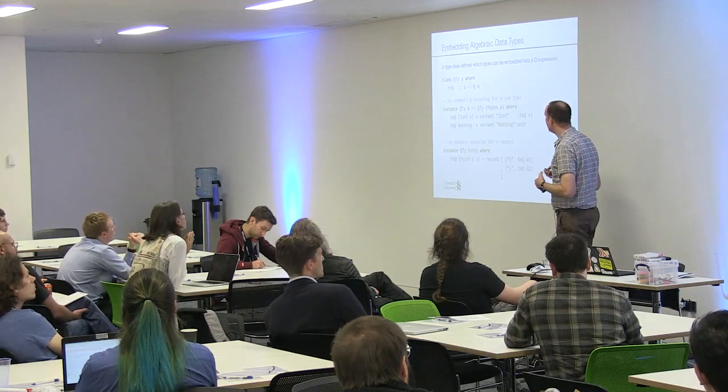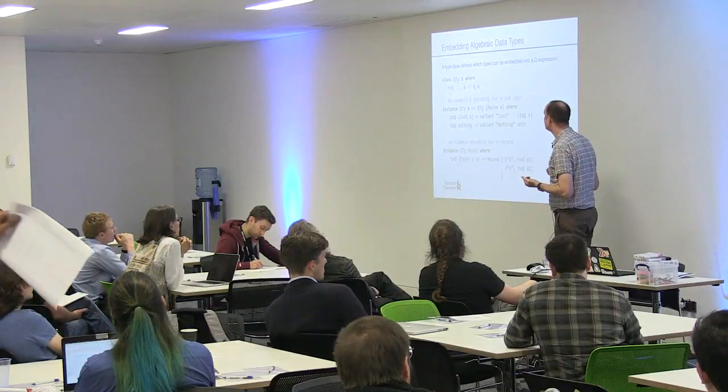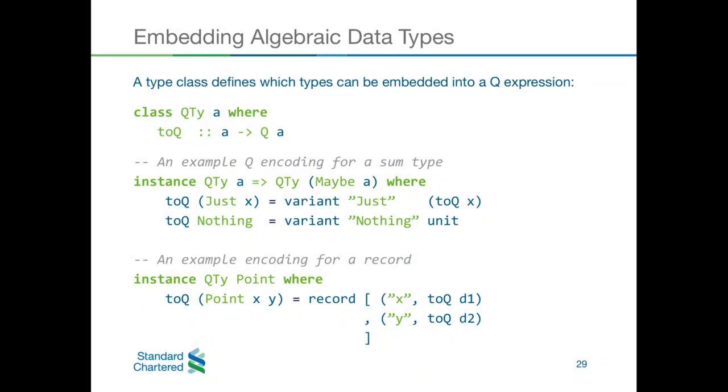And here are some more techniques I used for embedding algebraic data types. There was a class to lift an arbitrary literal into the Q world. You can see there are instances for records here. In practice, I wrote some Template Haskell to generate these things for you, so you didn't need to write them.